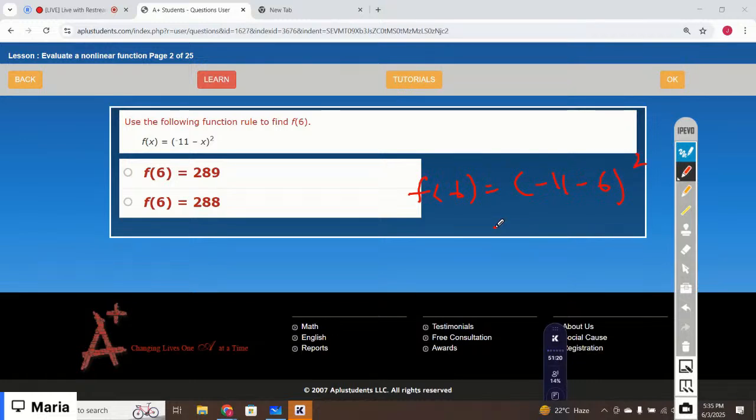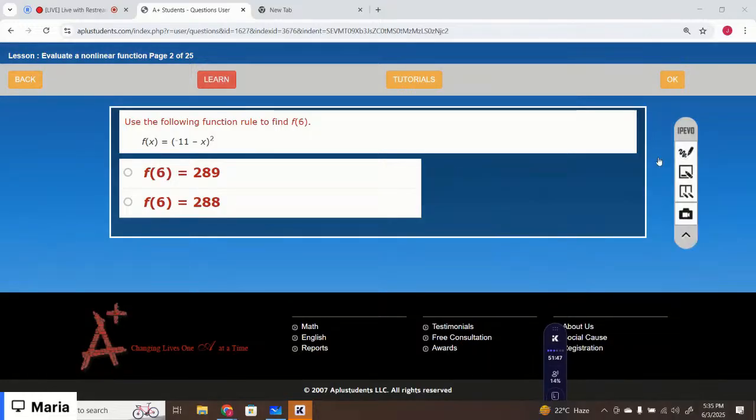So that is negative 17 squared. That is 289. Option number 1 is the correct option. That is f of 6 equals 289.